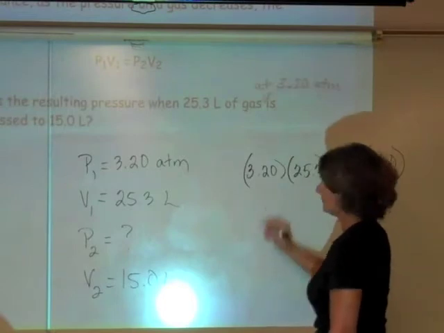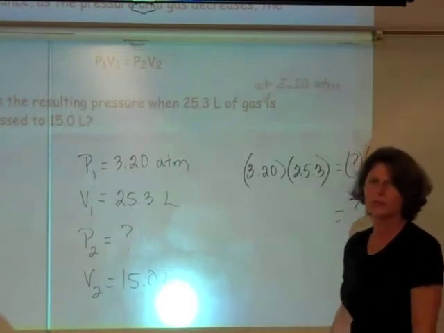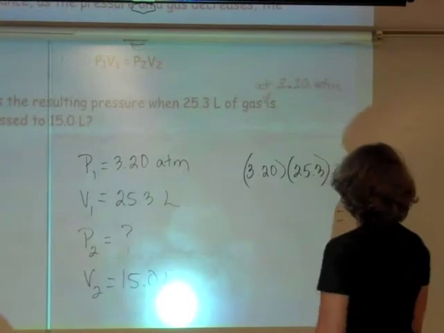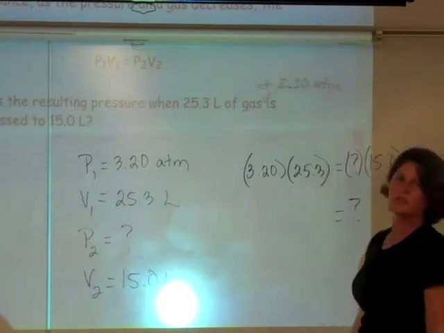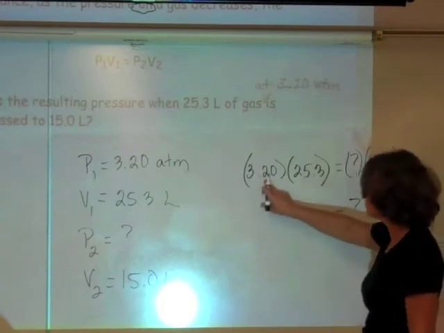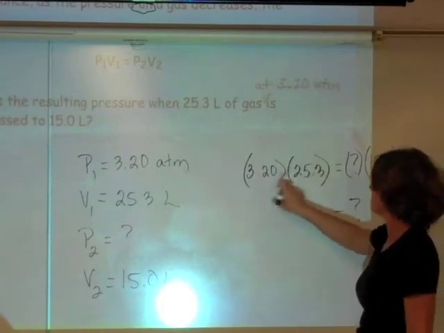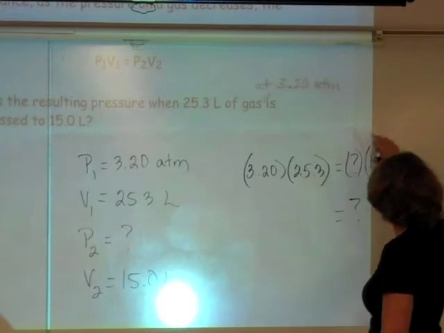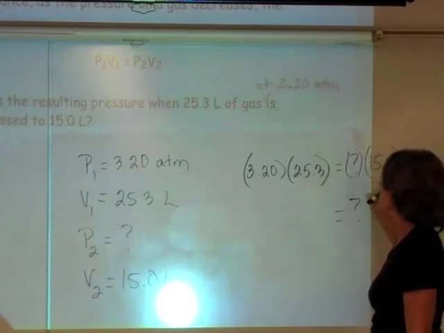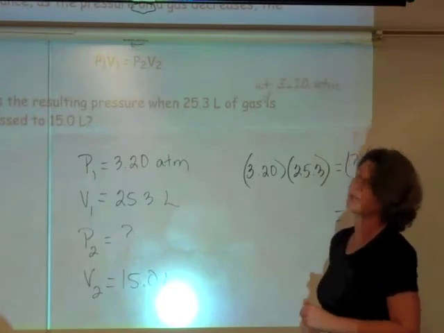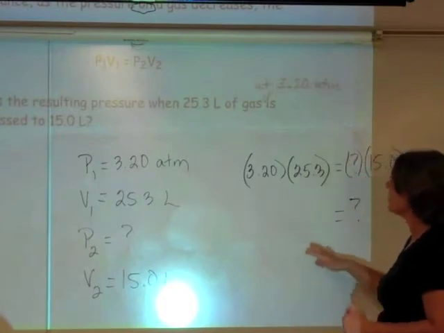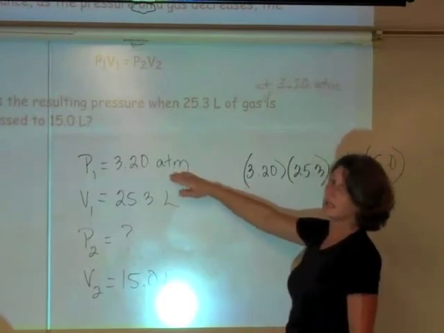I don't have a calculator because I'm borrowing mine for calculus, so you can tell me what the answer is tomorrow. It's algebra. Multiply them together and then divide by 15.0, and that is going to give me my resulting pressure in what unit? ATM.